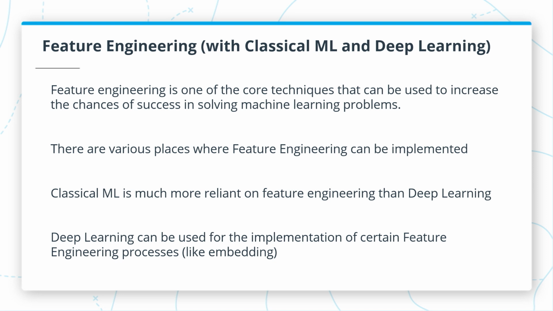With deep learning, most of this feature engineering occurs naturally within the neural network itself, so it's not uncommon to defer feature engineering to the training process itself. And also, deep learning can be used for the implementation of certain feature engineering processes, like, for example, embedding, which we will discuss a little bit later.